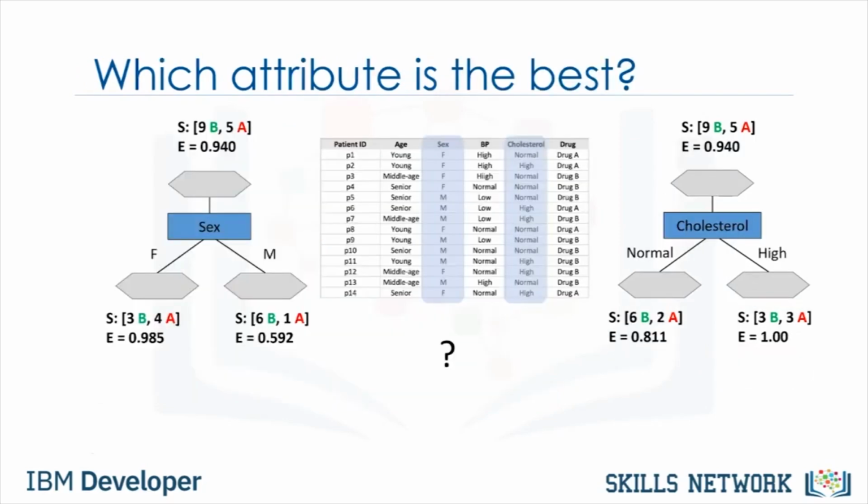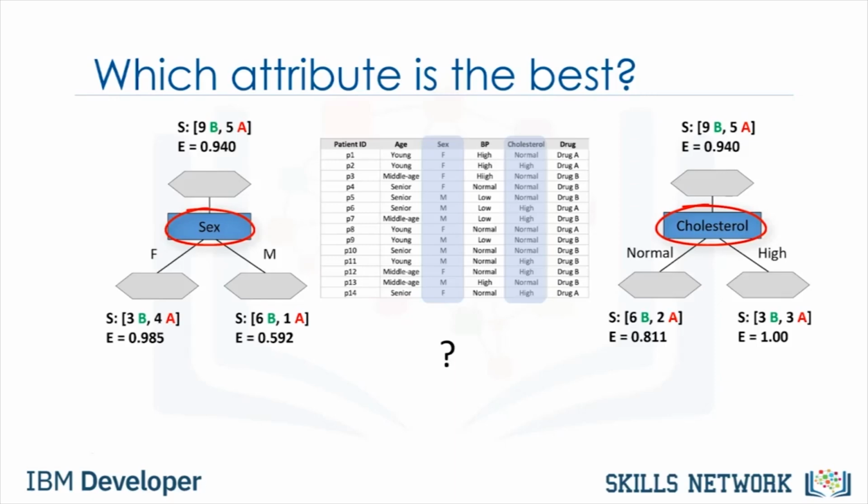Now, the question is, between the cholesterol and sex attributes, which one is a better choice? Which one is better at the first attribute to divide the dataset into two branches? Or, in other words, which attribute results in more pure nodes for our drugs?